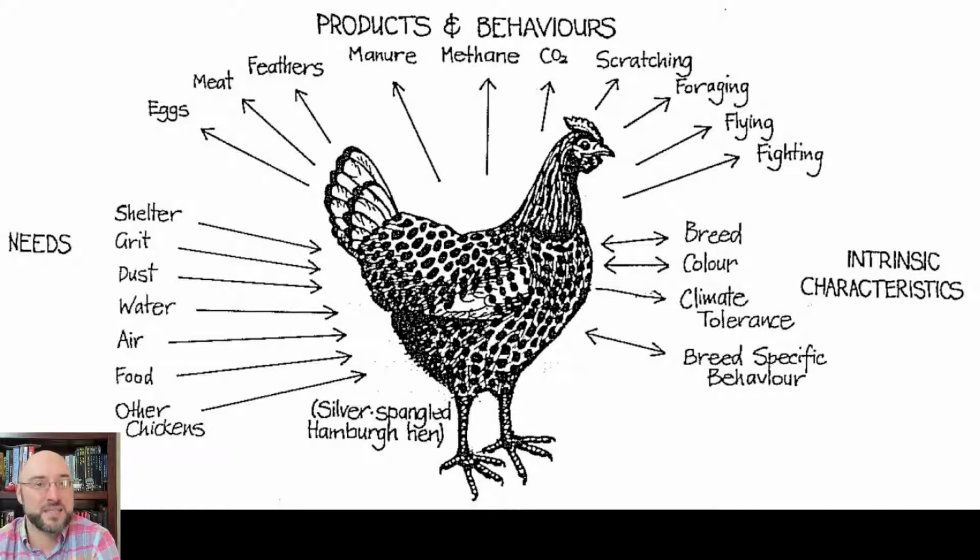And it's what shows up when I think about a needs and yields assessment, because of what we see here, because of knowing what the intrinsic characteristics are for a chicken, its breed, its color, its climate tolerance, its specific behaviors. We can consider this when we look at other animals, because of something like goats.